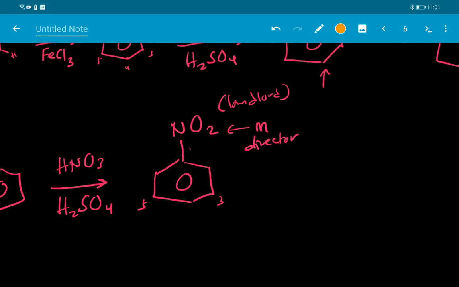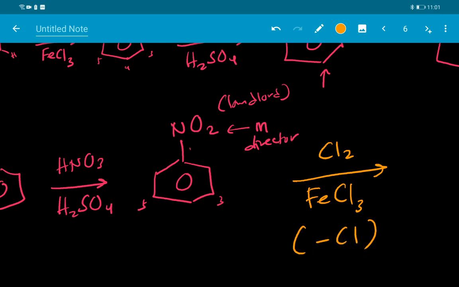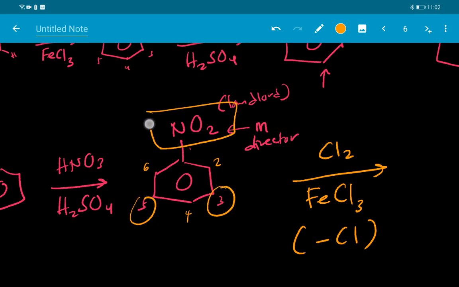Now came along chlorine. To insert the chlorine, we need to add the Cl2 together with the FeCl3. So in this case, we're going to add the Cl attachment to the benzene ring. Ingat, it can only enter the empty rooms, which are positioned at carbon number 2, number 3, number 4, number 5, and also number 6. However, it cannot enter all of the positions. It can only enter carbon number 3 and number 5 because of arahan daripada tuan rumah.